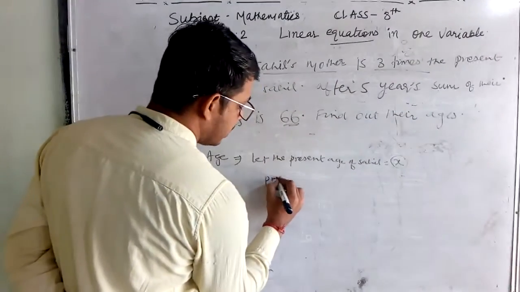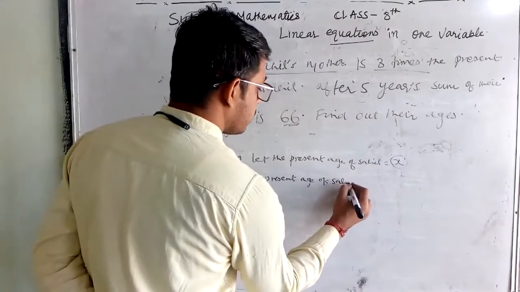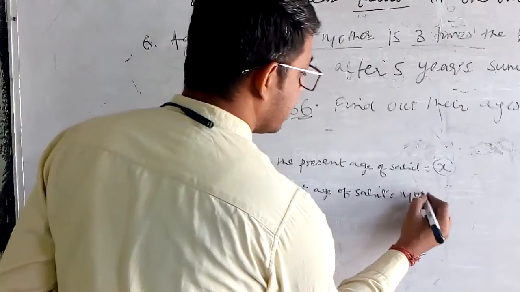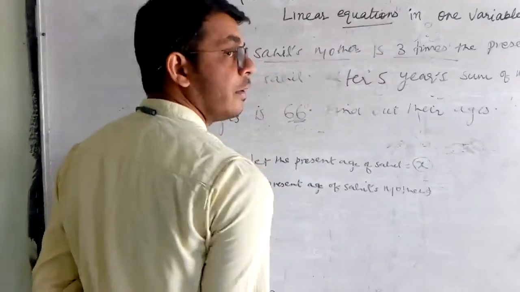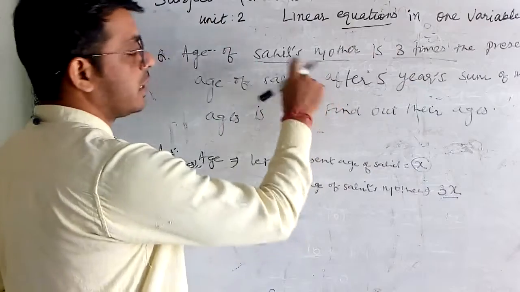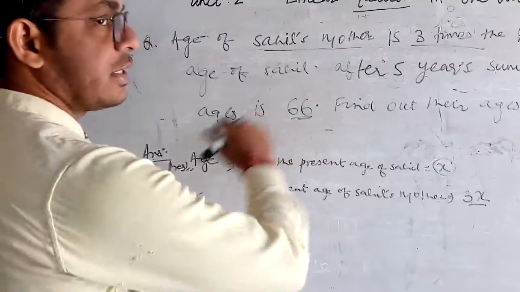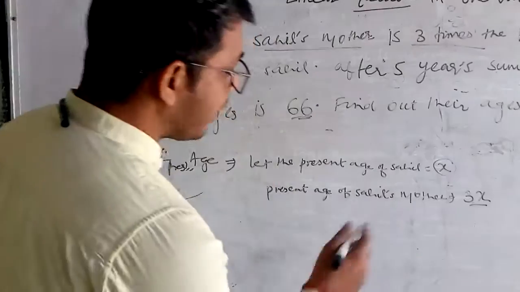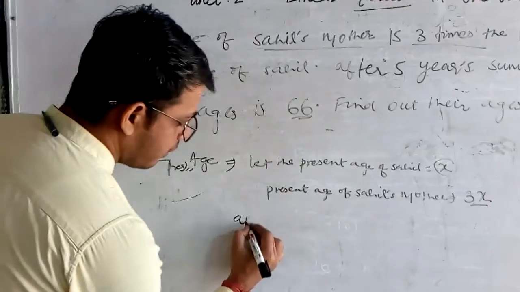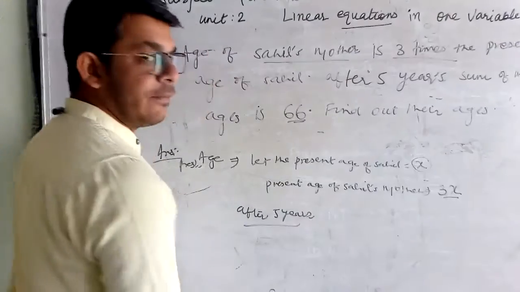What will be the present age of Sahil's mother? 3x, because Sahil's mother's age is 3 times the age of Sahil. Now what is it saying? After 5 years, what will happen?